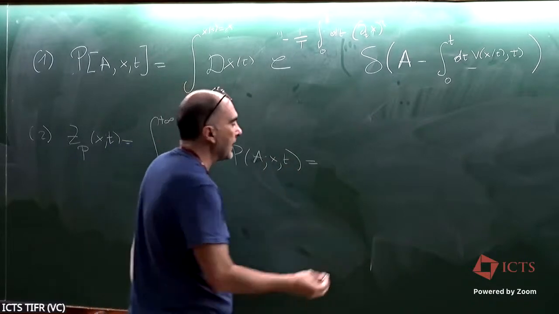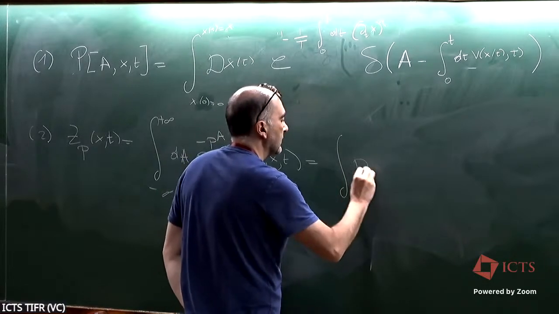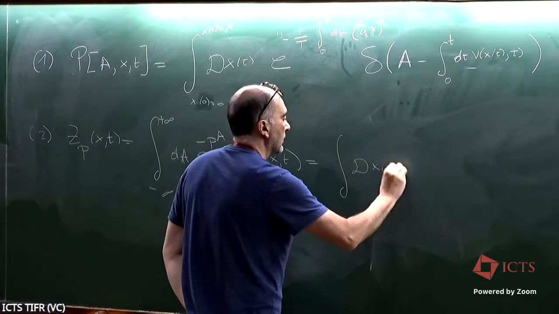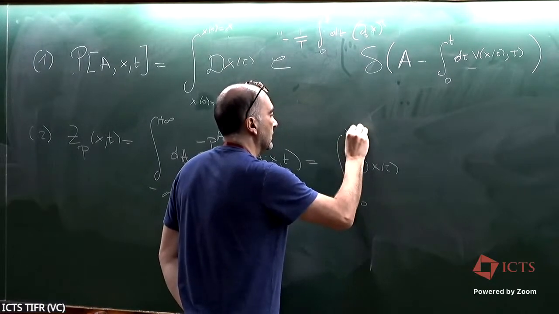And this is something more similar to what I want to do, is the integral z x tau, x of 0, x of t equal to x.